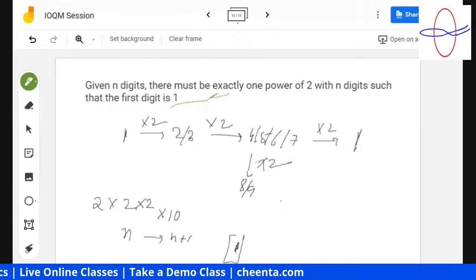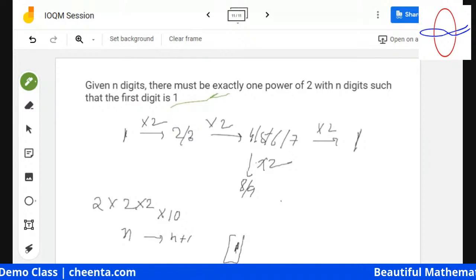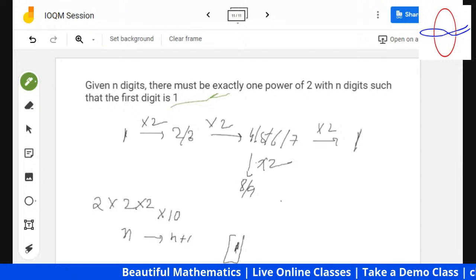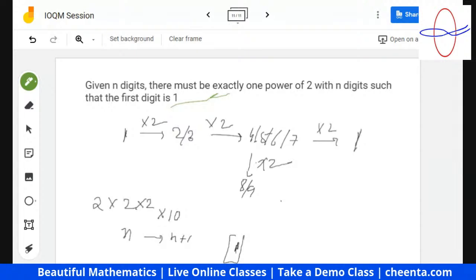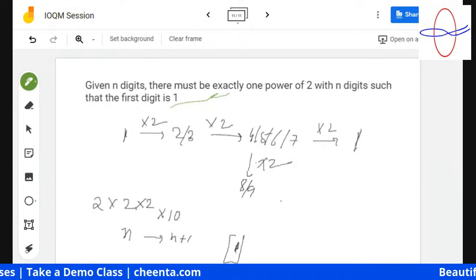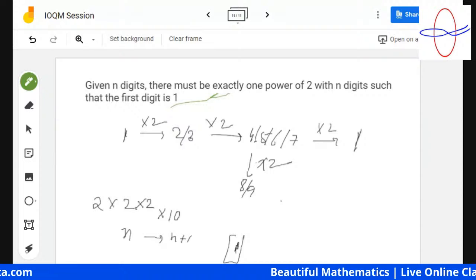I hope you understood there are 6004 numbers, and by this result, for n digits there must be exactly one power of 2 with n digits such that the first digit is 1, right? So from there we get 6003 numbers whose first digit is 2 or 3, and another 6003 numbers whose first digit is 4, 5, 6, and 7.